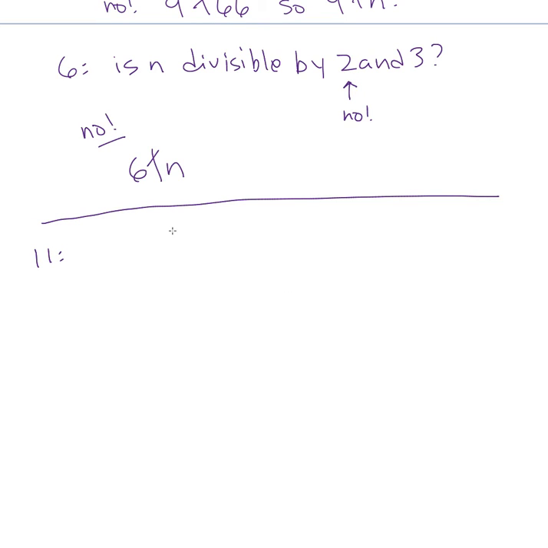Let me just rewrite it. So our number is the following: 2, 3, 1, 5, 8, 9, 5, 6, 7, 1, 9, 3, 1, 1, 0, 5.